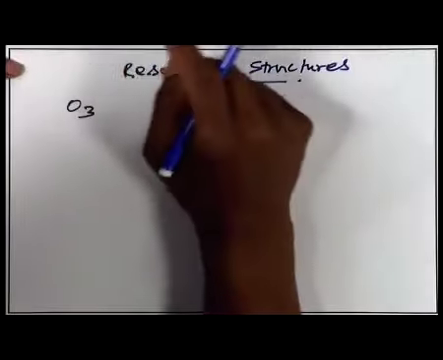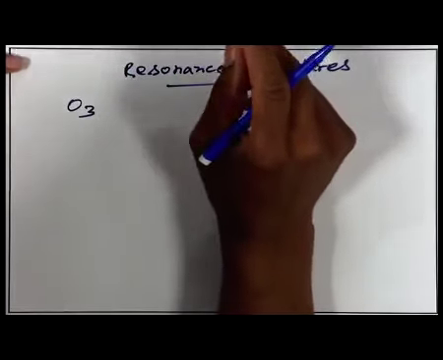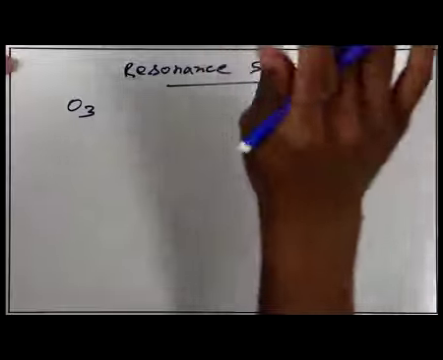O3 is present in the atmosphere in very small quantity. In the higher atmosphere it is doing a good thing for us, but in the lower atmosphere it is doing a bad thing for us. Apart from that, we are going to see what the actual structure of O3 is.